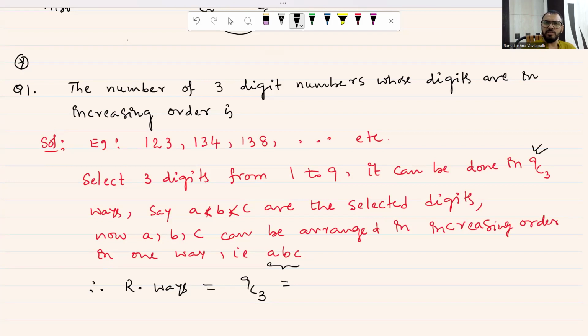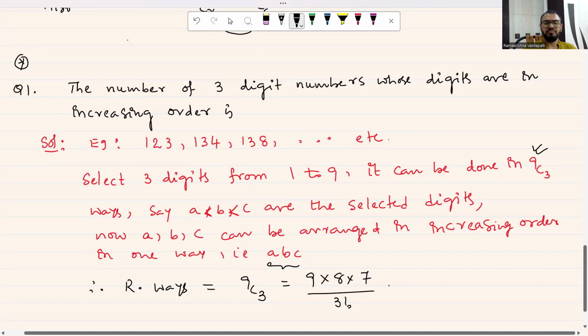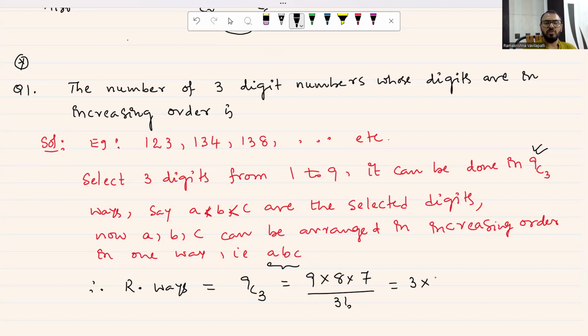For each selection, you can frame only one 3-digit number. So the number of required ways equal to 9C3, that is 9 into 8 into 7 by 3 factorial. So therefore, this is equal to 3 into 4 into 7, that's equal to 84.